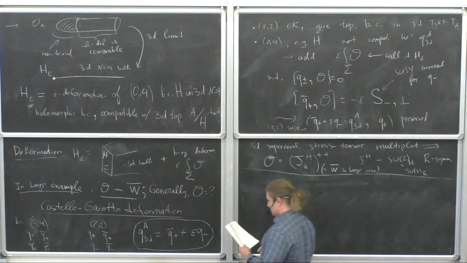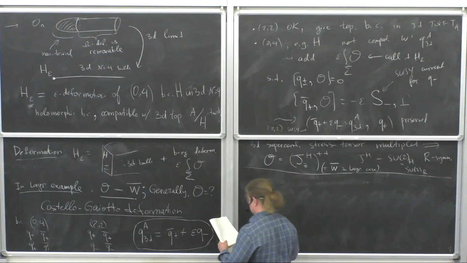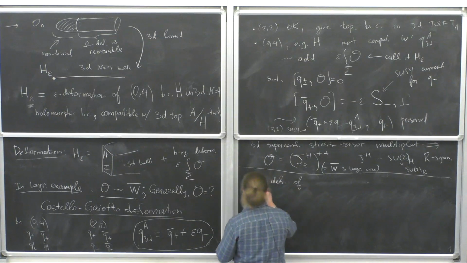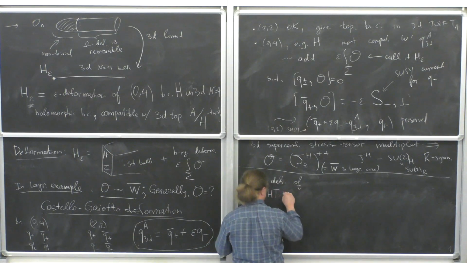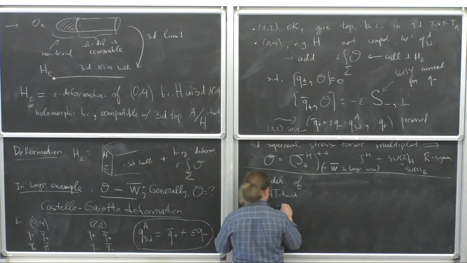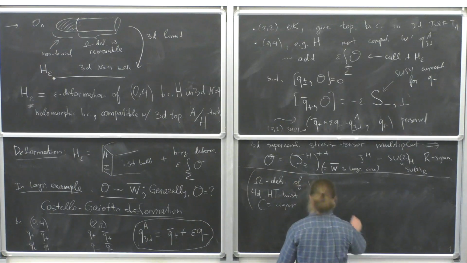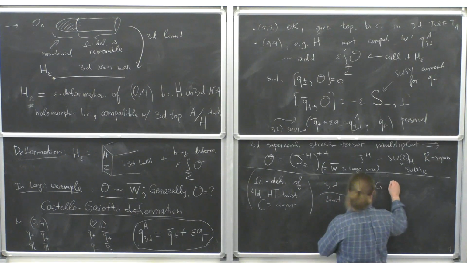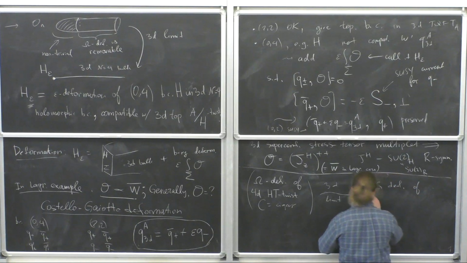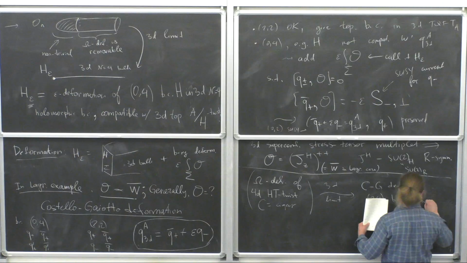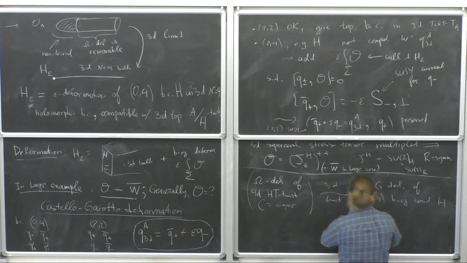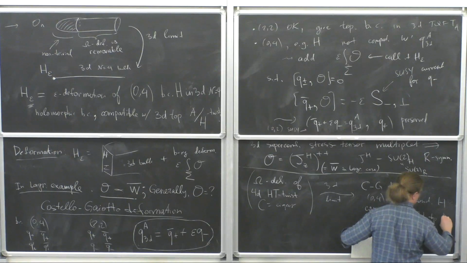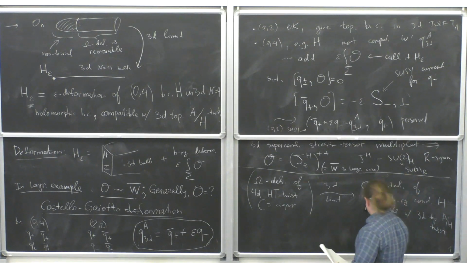And the conclusion here is that the omega deformation of the 4D HT, or holomorphic topological twist, where C is taken to be a cigar, in the 3D limit becomes the Costello-Gaiotto deformation of the 0,4 boundary condition H, compatible with the 3D topological A or H twist.